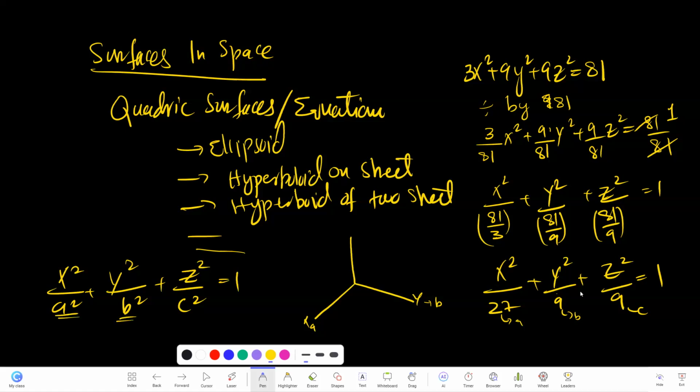So these are my squares. I'm going to take the square root and find out the value. And I'm going to draw a here. So it looks like a is much bigger than b and c. So I'm going to draw a here, b is here, and then c is here. And then I can just make my ellipsoid just like that. That's my ellipsoid.